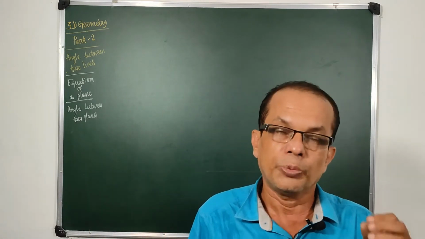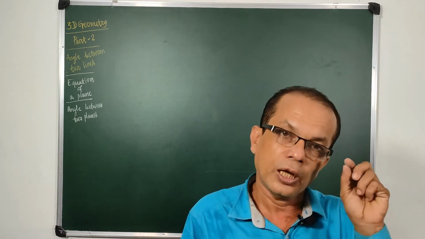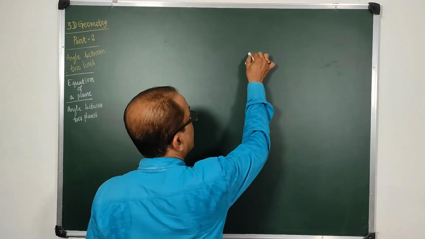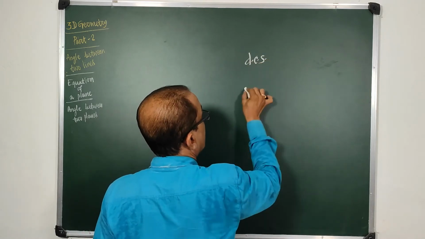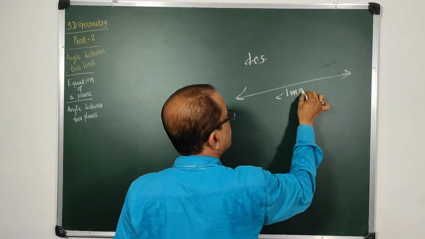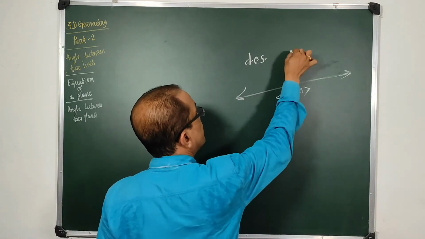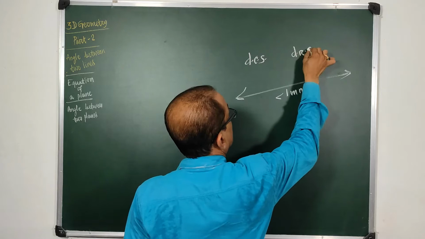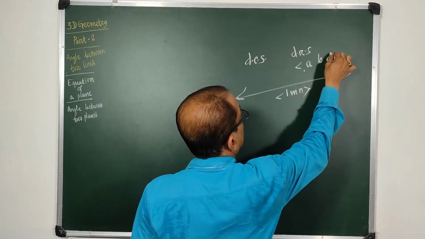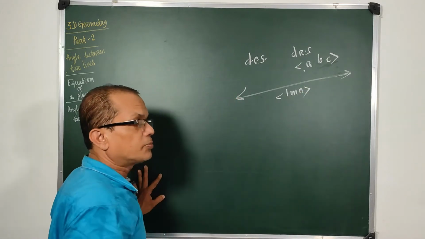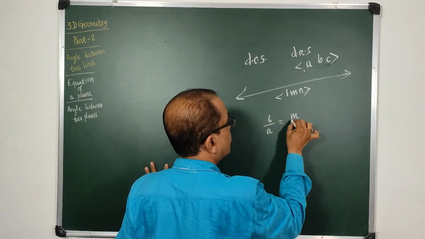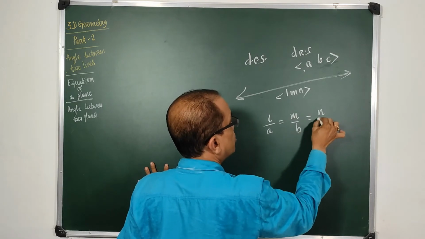If we try to revise a little from the previous class, we knew that the DCs of a line are l, m, n and the DRs are a, b, c. How are they linked? We know that l upon a is equal to m upon b is equal to n upon c.